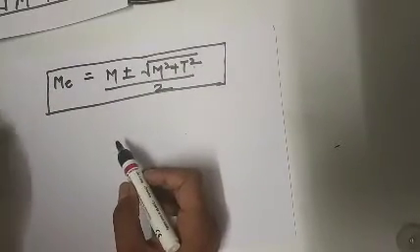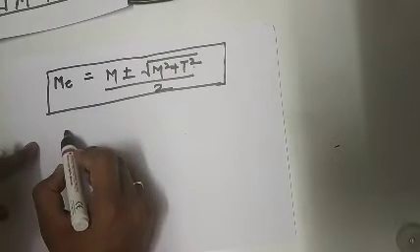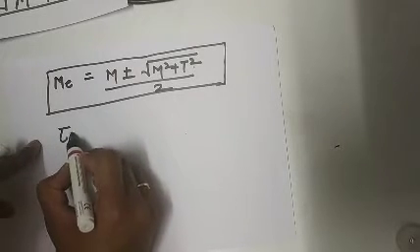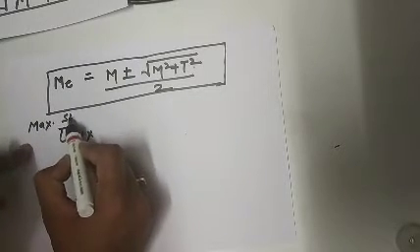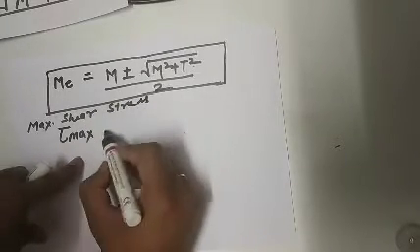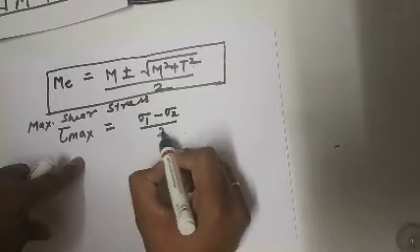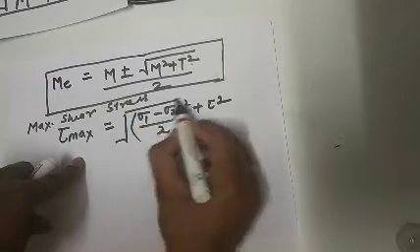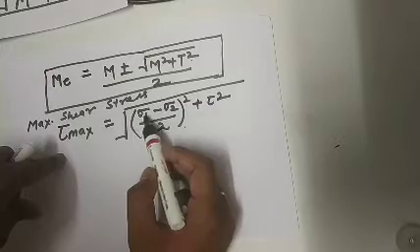Now we know that by the maximum shear stress equation, the value will be tau max equal to, that is the maximum shear stress. By the definition for a biaxial stress system, if we write the equation for maximum shear stress, then it is equal to under root sigma 1 minus sigma 2 by 2 whole square plus tau square, right? Clear? Here sigma 2 is 0, sigma 1 is equal to sigma b, right?